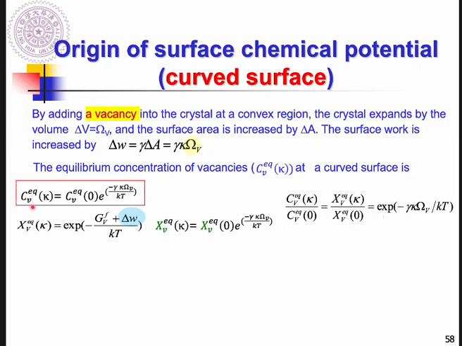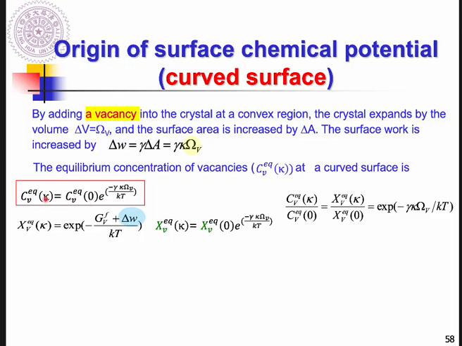So, the flat surface means that kappa equals 0, and exponential of 0 is 1, right? So kappa equals 0 means the flat surface, and you get the vacancy concentration like this.